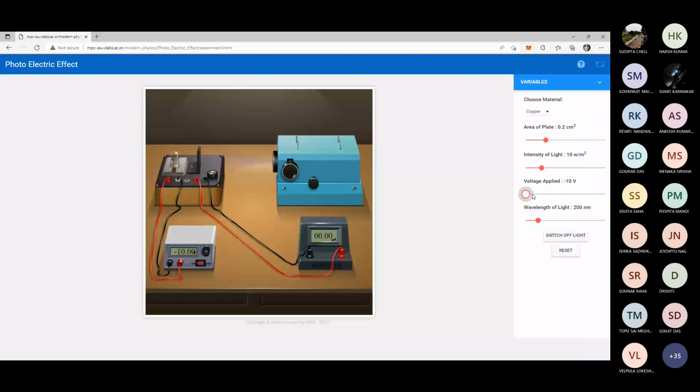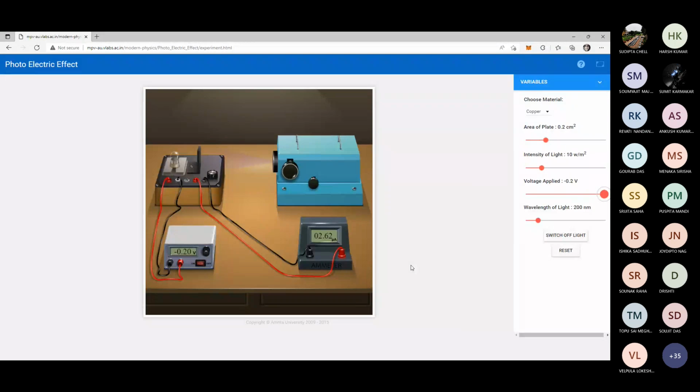Within this voltage, you see 0 volt, and your current is 3.02 microampere. Now we use 0.1 volt, then 2.82, like this.